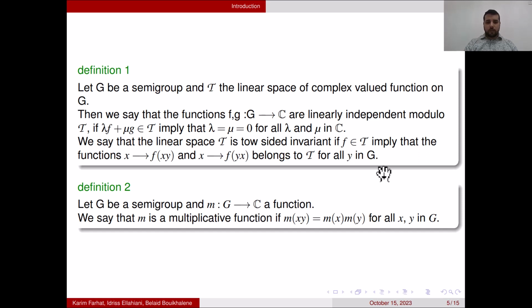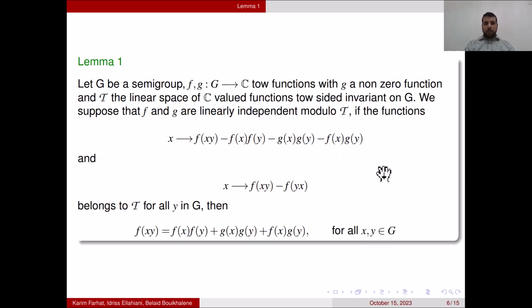Let G be a semigroup and M a function defined on G to C. We say that M is a multiplicative function if M(xy) = M(x)M(y) for all x and y in G.